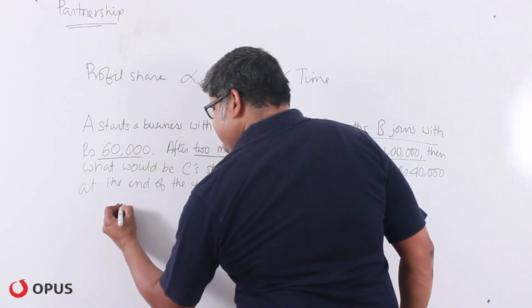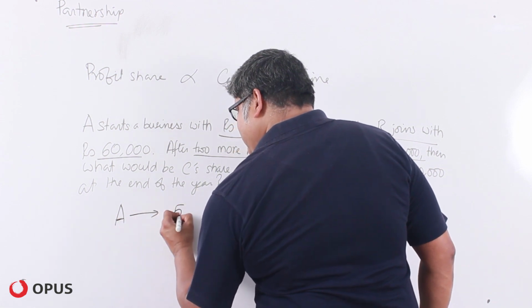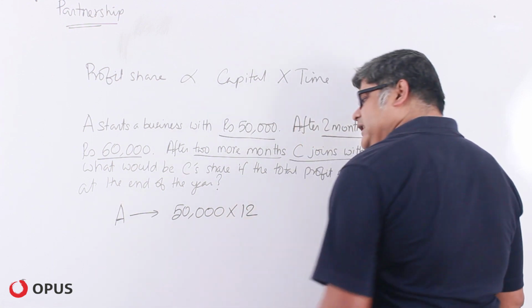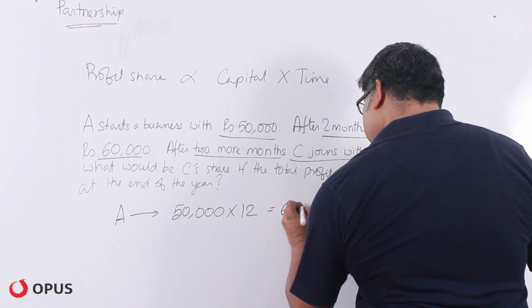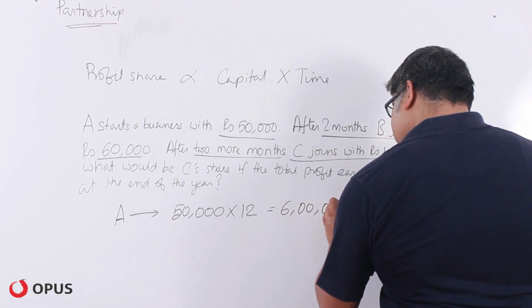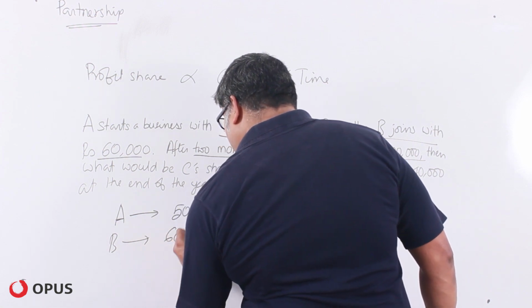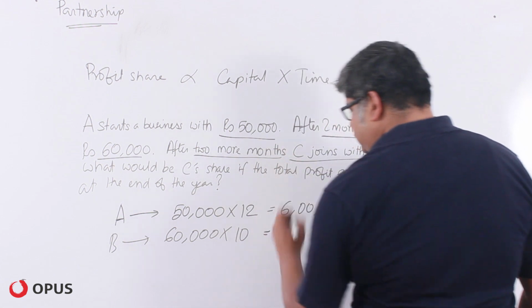Now, if you look at it this way, A's thing will be nothing but 50,000 into 12, that is the equivalent capital, which, if you do the math, is coming to 6 lakhs. B has invested 60,000, but it is applicable for 10 months because it was after 2 months.